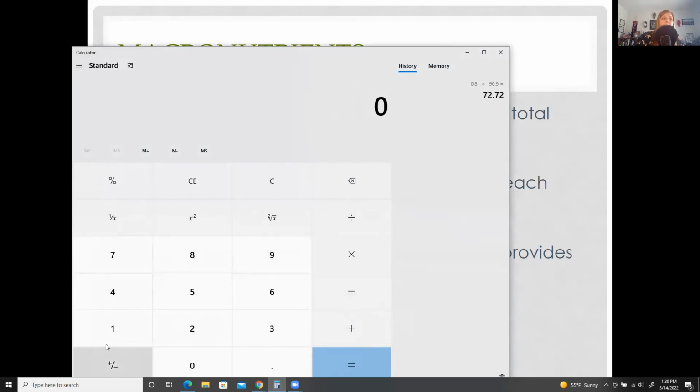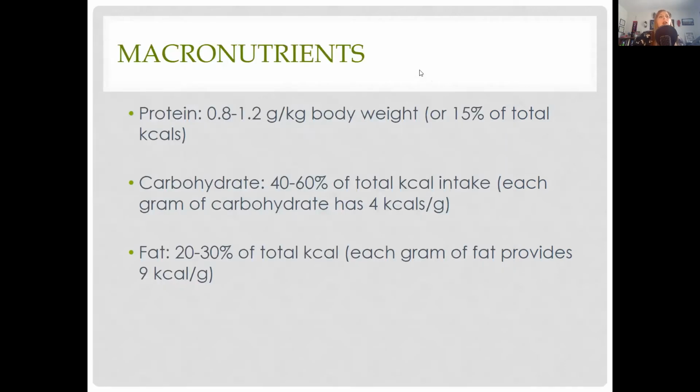That's my low end. And then if I wanted to go higher, it would be 1.2 times 90.9. So my range for protein is going to be anywhere from roughly 70 to 110 grams. Now, sometimes it's just easier to just do it at one gram per kilogram. That's usually what I do for folks that are pretty active.